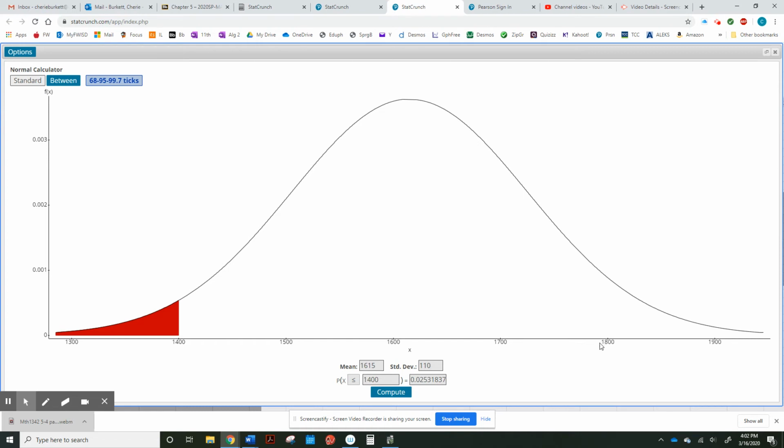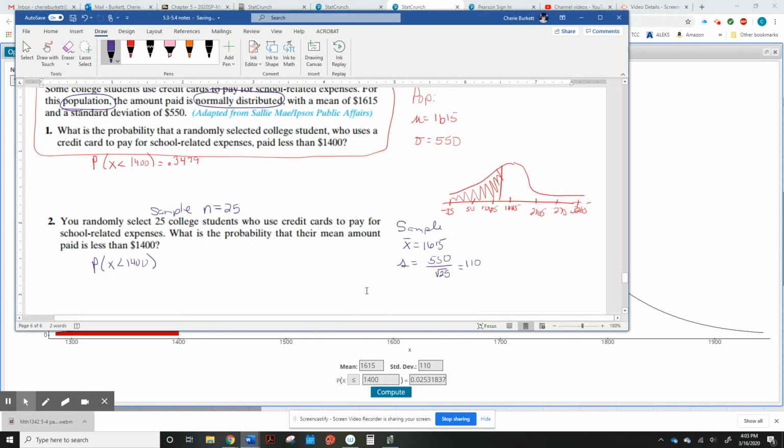So since our standard deviation was smaller, our number 1,400 was further away from the mean. So the answer is 0.0253.